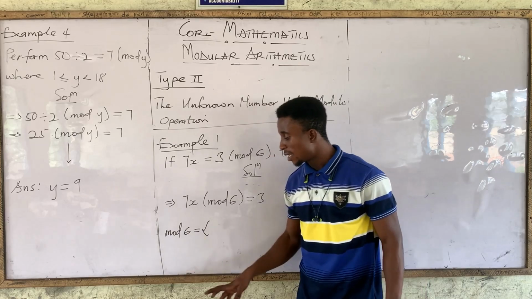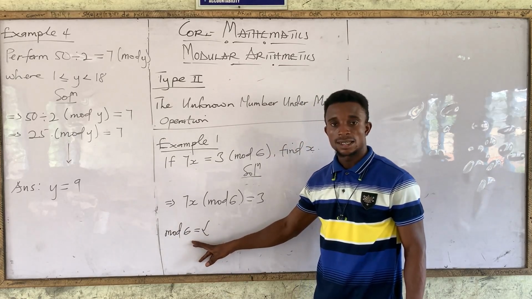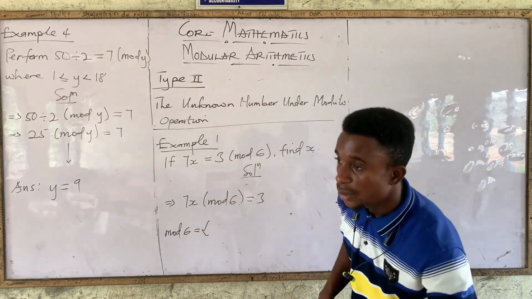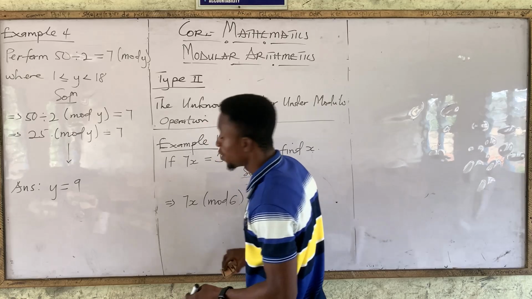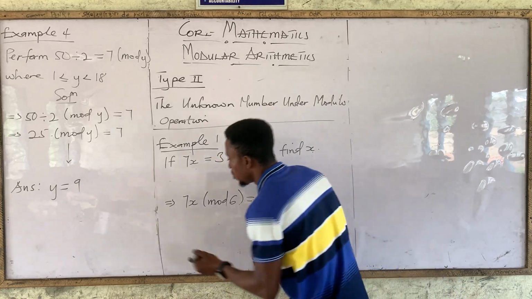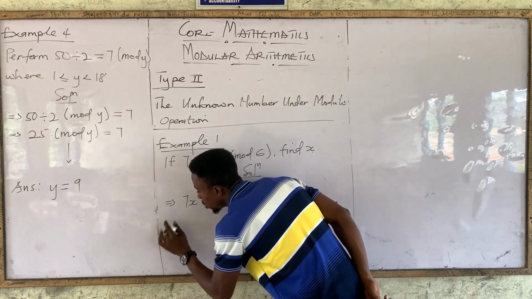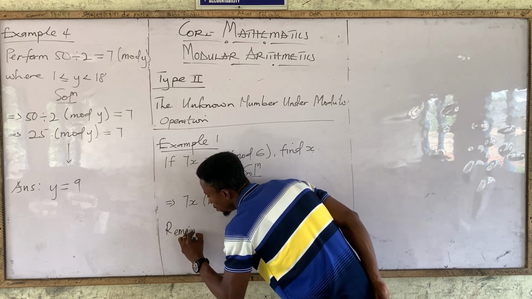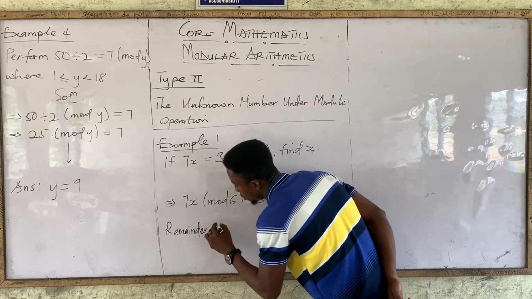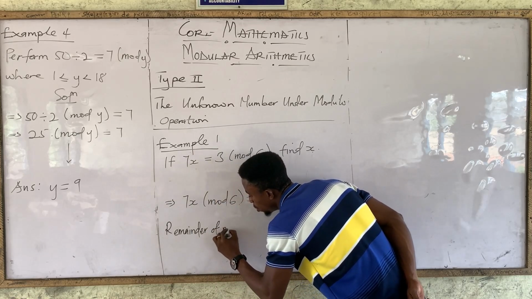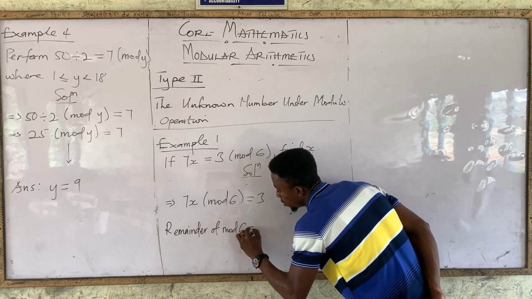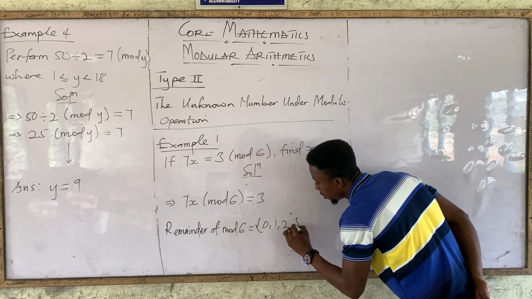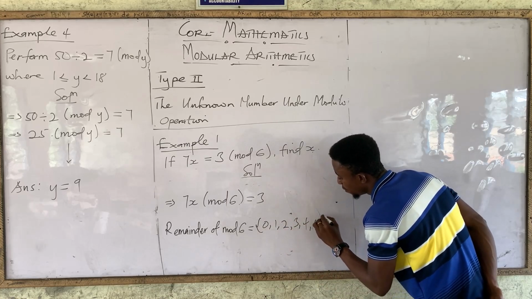Possible remainders of mod 6, and they are 0, 1, 2, 3, 4, 5.